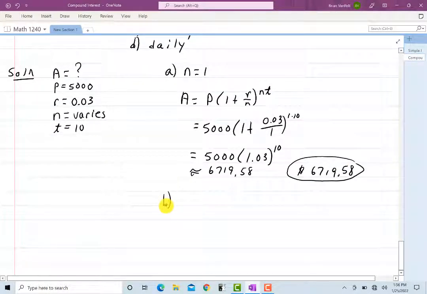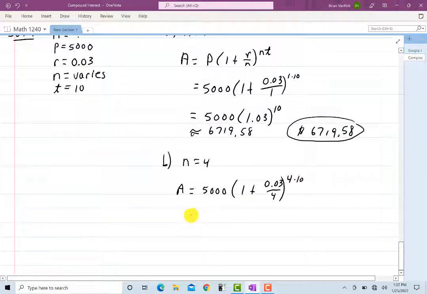For part B, that was quarterly, so N is equal to 4. So A equals 5,000 times 1 plus 0.03 divided by 4 up to the exponent 4 times 10. It's a good idea to simplify the exponent. That's something that's easy enough to do usually.